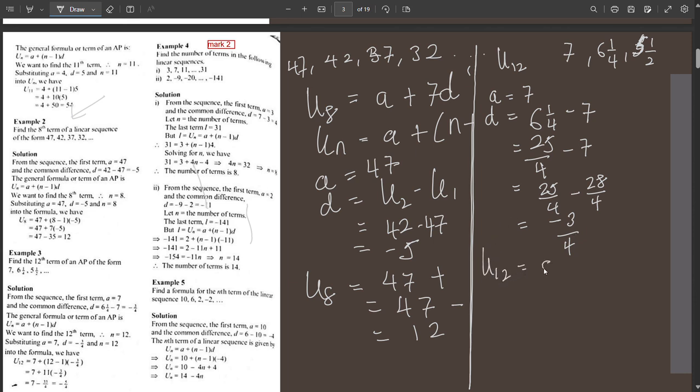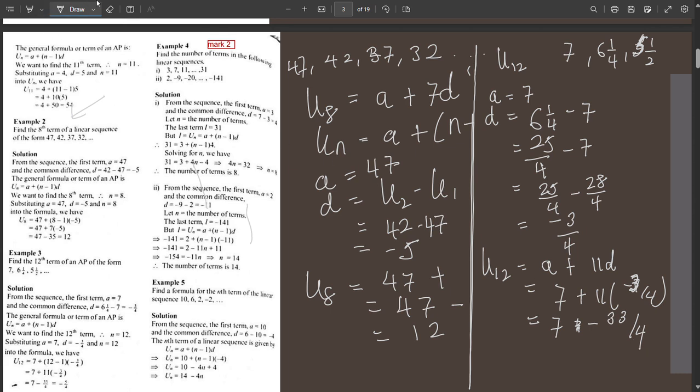U12 is equal to A plus 11D. What's A? 7 plus 11 into bracket negative 3 over 4. That is going to be minus 33 over 4.